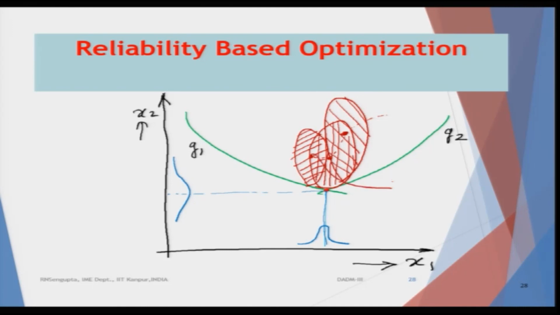So, I will mark it alpha 1, S of alpha 1, and this area is alpha 1. This second circle is with alpha 2, and the solution is S of alpha 2. Third circle, ellipse is alpha 3, solution is S alpha 3.